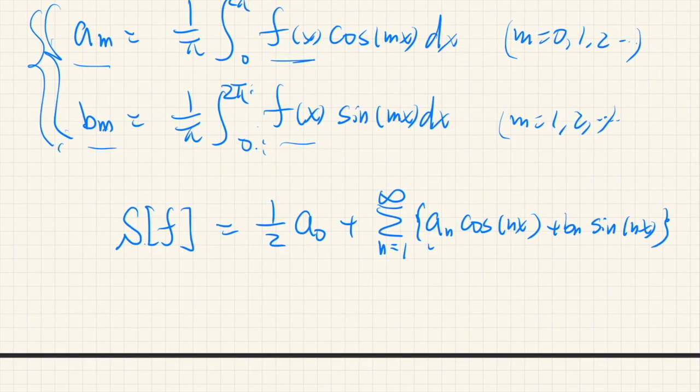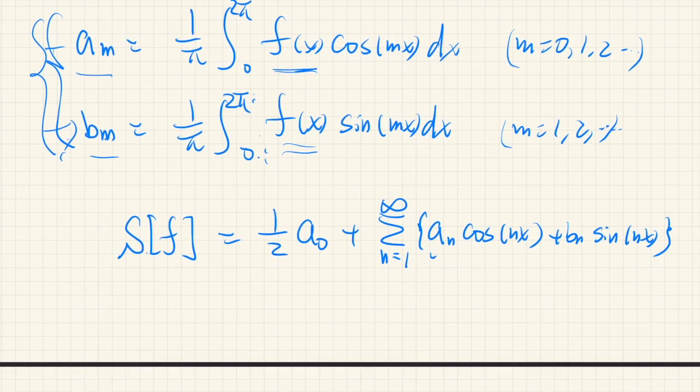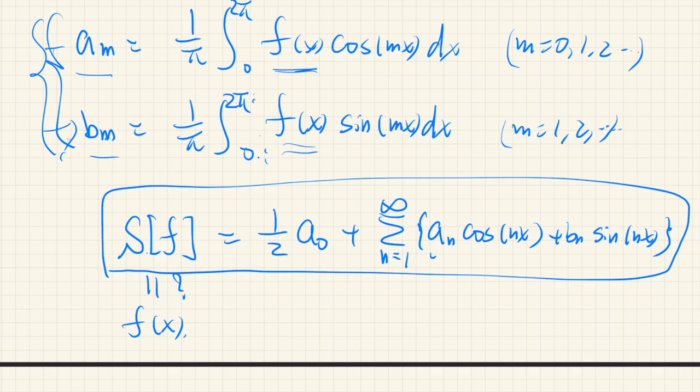This is the Fourier series defined by these coefficients of f of x. We do not know if this is actually equal to the original f of x, but we can at least formally define this Fourier series.